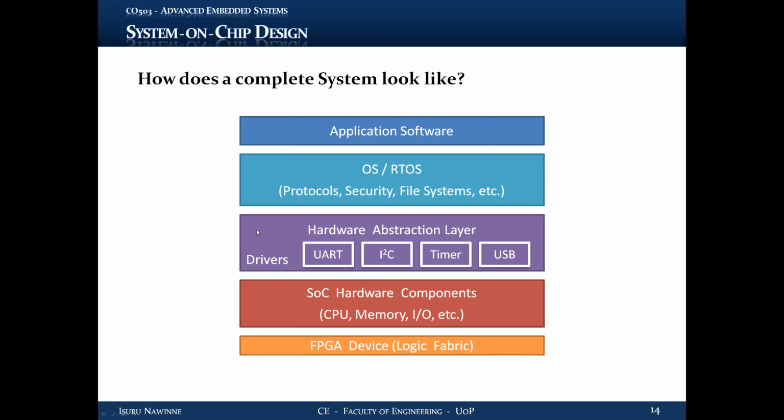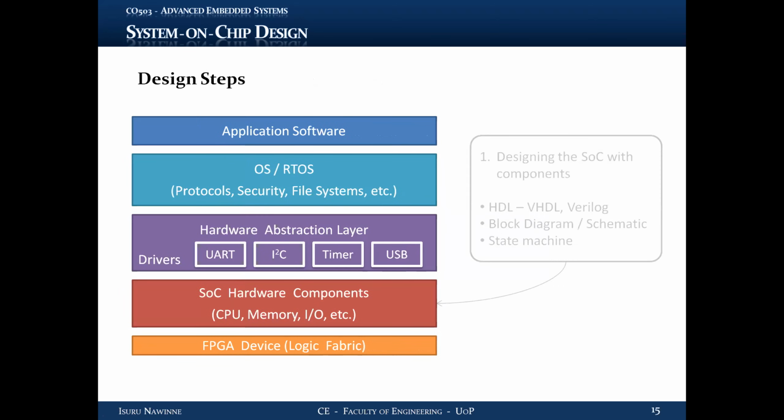On top of that, you have the hardware abstraction layer containing device drivers for all the different elements. And then the operating system provides the abstractions from the hardware abstraction layer to the application software. So that is how an overall system looks in this context of FPGAs hosting systems on chip.